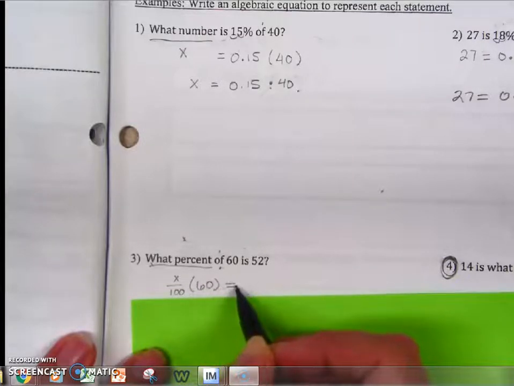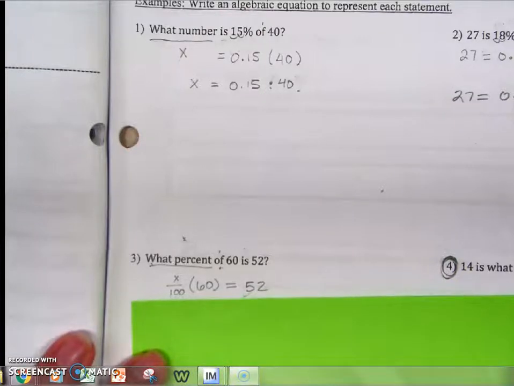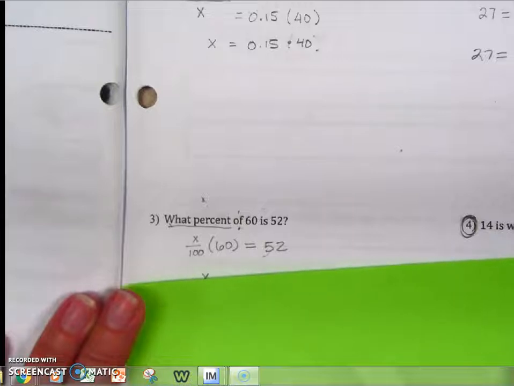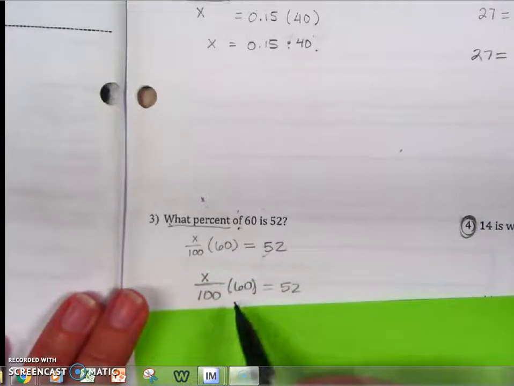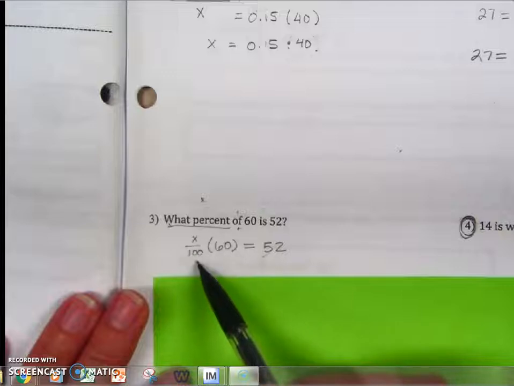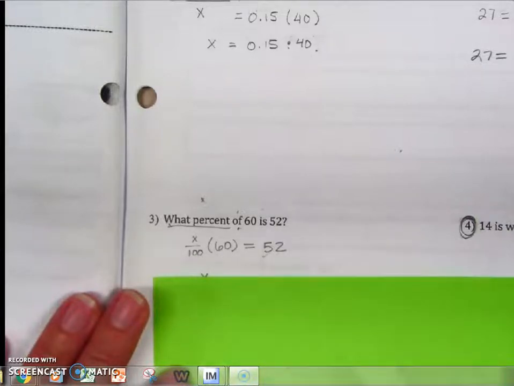Is means equals, and 52. So that's how we would translate that: X over 100 times 60 equals 52. As you can see, I wrote it the same way as what I had covered up. X over 100, because it's what percent, times 60 equals 52. And we know that would mean we'd be able to divide there.